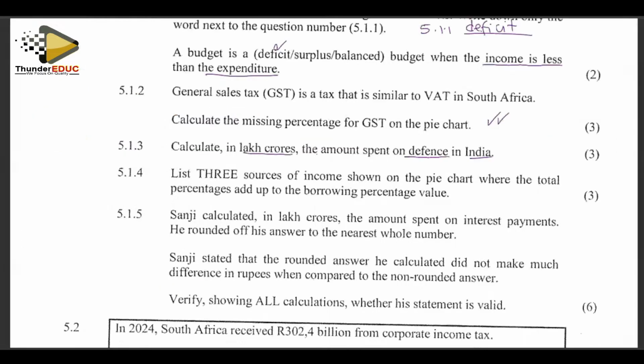So we shall say spent on defense is 8% times the money, which became 3.6024 lakh crores.